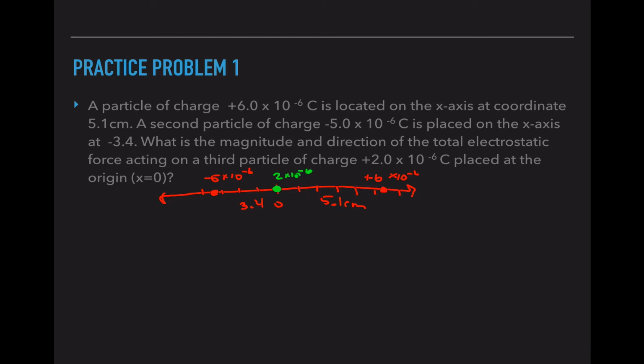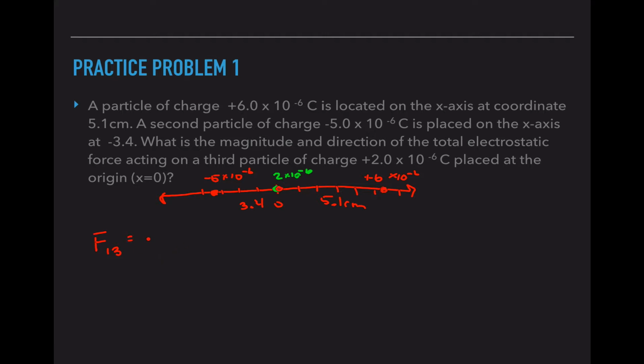negative 6. Okay, so the first thing that we have to do is to look at the force between two particles only. So I'm just going to go in order, and I'm going to do the force on object 1 and 3 because they gave me this and this first.